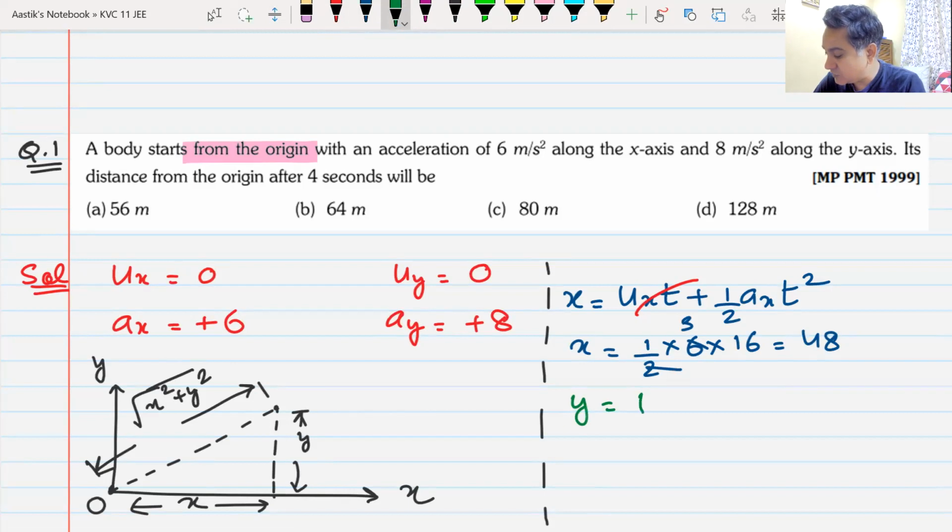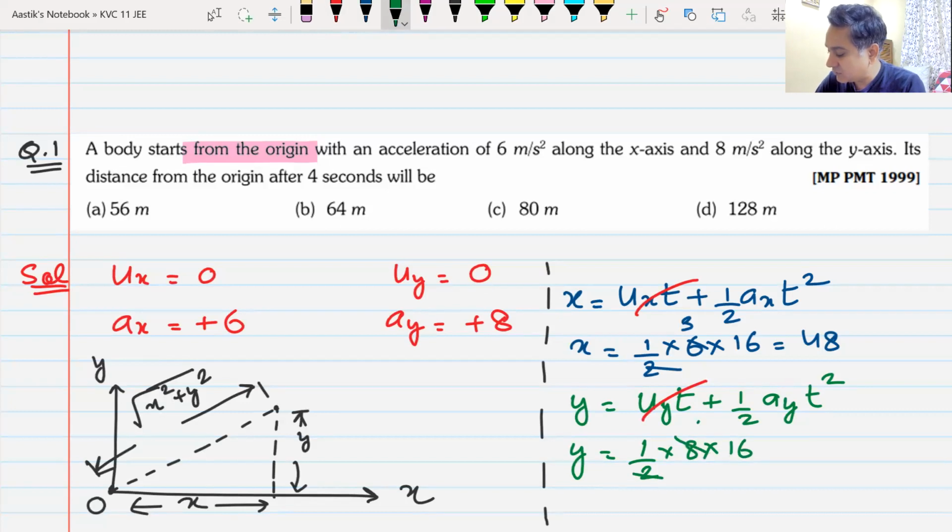Then I find the value of y. Y is equal to uy into t plus half ay into t square. Here also uy is 0. Cut it out. So y becomes half, acceleration along y is 8, into t square, which is 16. That becomes 64.